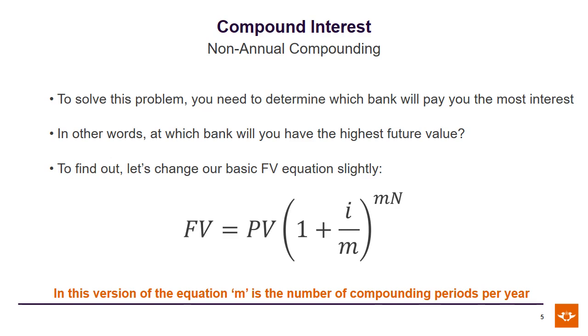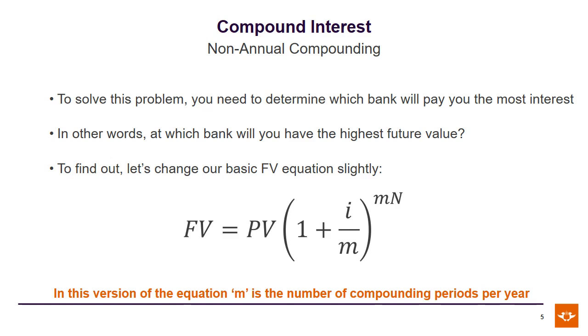In order to do this, because the compounding period is not annual anymore, we have to adjust our future value equation slightly. We start off with our present value, whatever it is you're investing, and the interest we're compounding it with is not I anymore, but I divided by M, where M is the frequency of interest payments in a year.